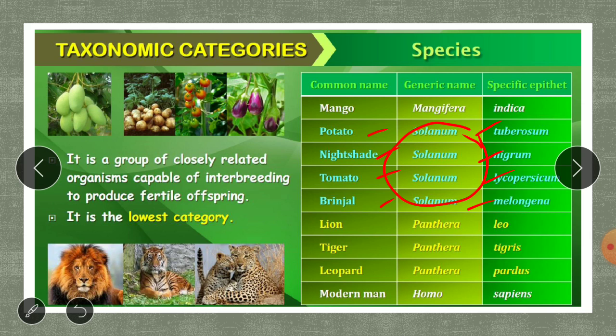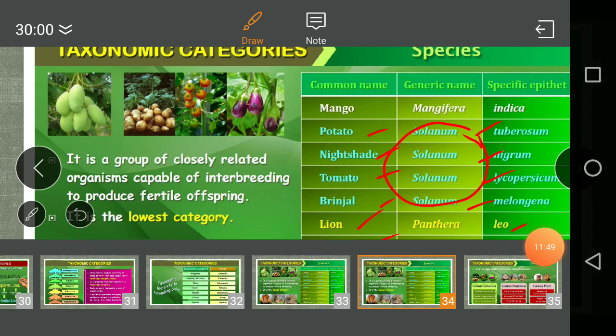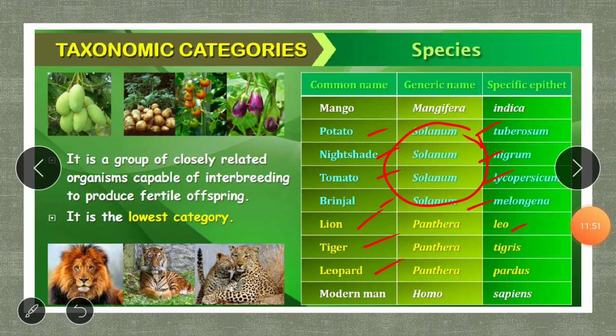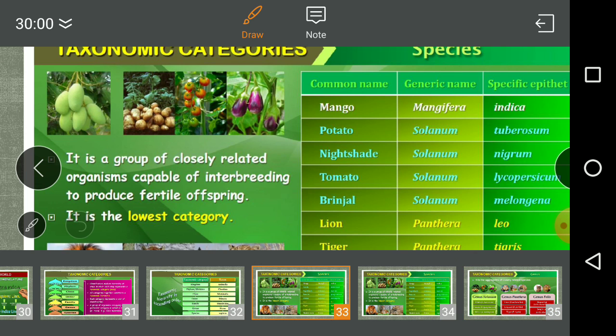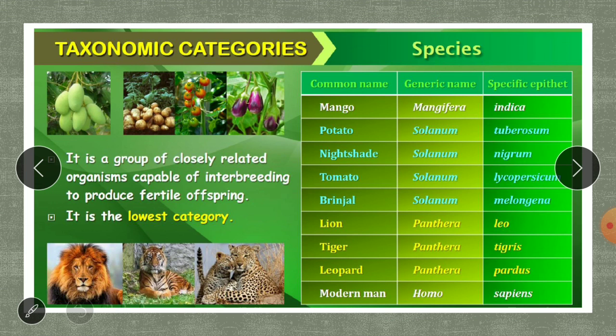Take the example of lion, tiger, leopard. All these are different species, but they have certain common characters. And which are those common characters? They are flesh-eating organisms.